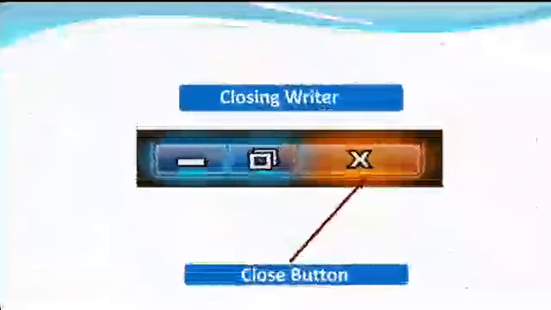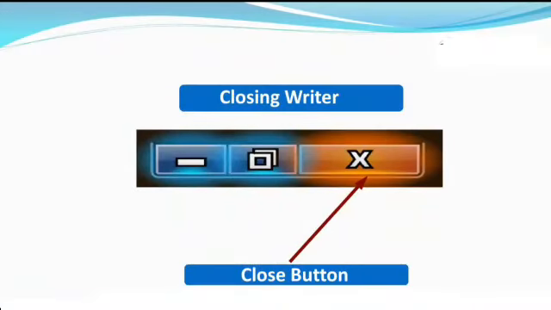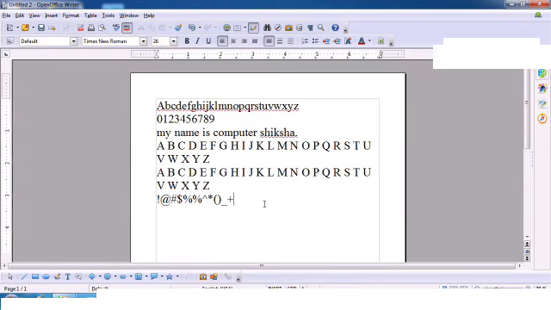Now go ahead and close your file since this lesson for today ends here. You will close the writer file in the same way as you have been closing the MS Paint file. All of you take your pointer to the X or the cross sign on the top right of your screen and click once with the left button of your mouse or touchpad.